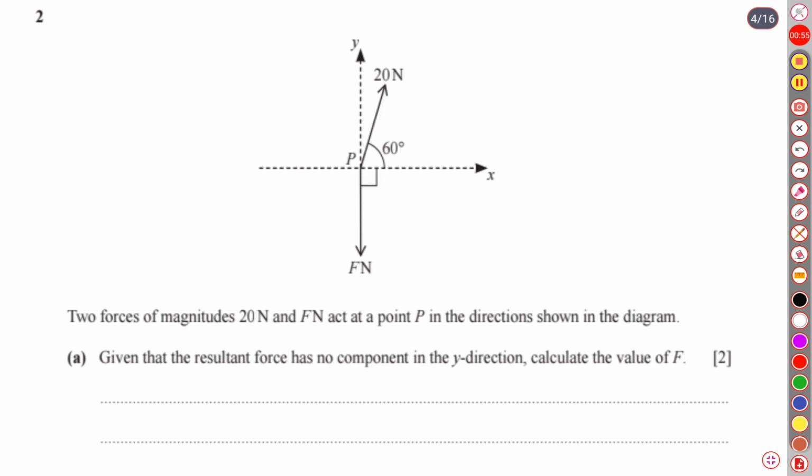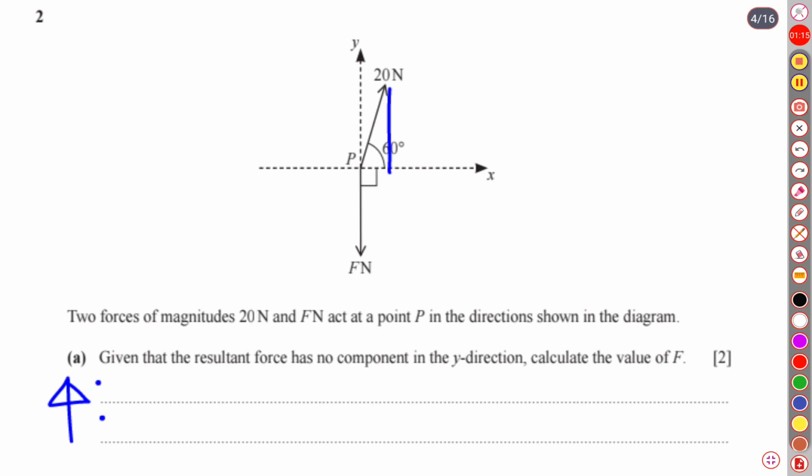What is the upward force? We can see here there is 20 Newton. So if we draw a triangle like this, we will find, let me show the direction, it is vertical direction or y direction.